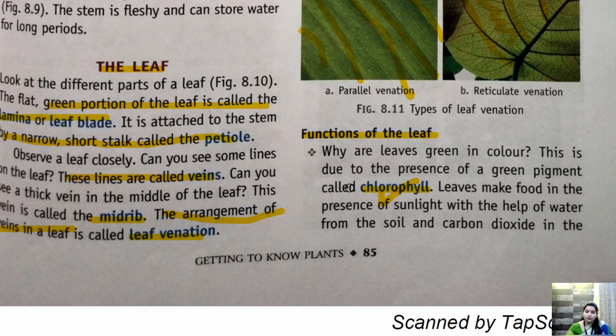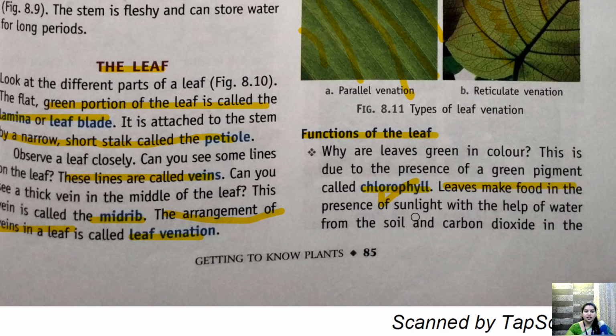Chlorophyll. Chlorophyll present होता है लीफ में, इसलिए लीफ का कलर कैसा होता है? Green होता है. Okay, that is why the color of leaf is green, because it is having a green pigment called chlorophyll. What does chlorophyll do?